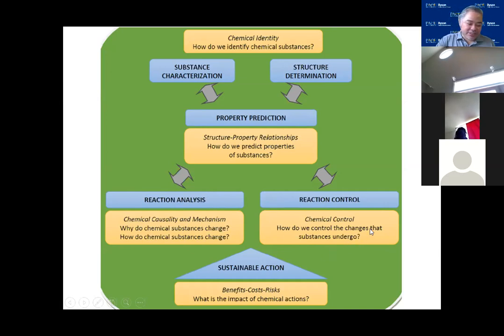Do they want to make the reaction faster, or they want to make the reaction slower? Okay, and based on this, they're going to look at the benefits, cost, and risks of the material. So what will be the impact of the chemical action?